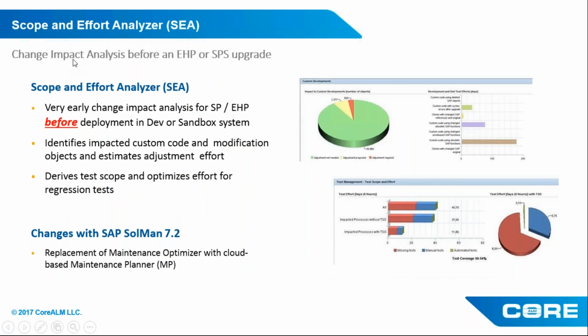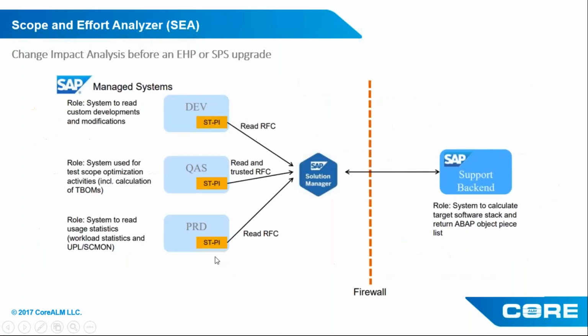So SAP a few years ago developed and implemented Scope and Effort Analyzer. Again, this is for enhancement packs before deployment in a dev and sandbox. And for 7.2, the maintenance optimizer was replaced with maintenance planner, which is cloud-based.